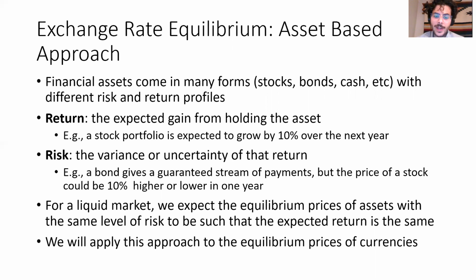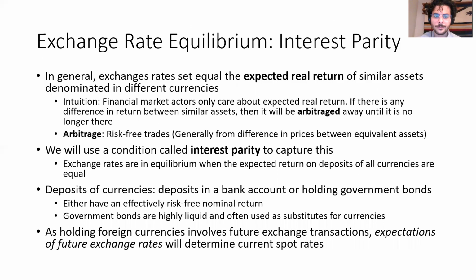For a liquid financial market, a principle that we're generally going to follow is that the equilibrium prices of assets with the same level of risk will set the expected return of those assets to be the same. And we're going to apply this approach to the equilibrium prices of currencies. The exact condition that we're going to use is what's called interest parity.